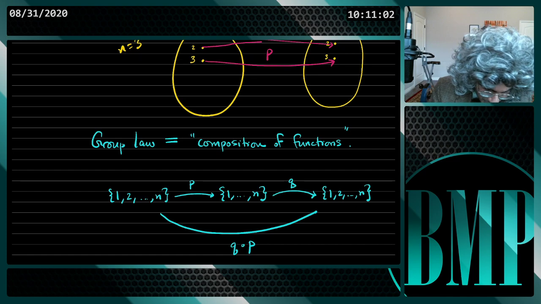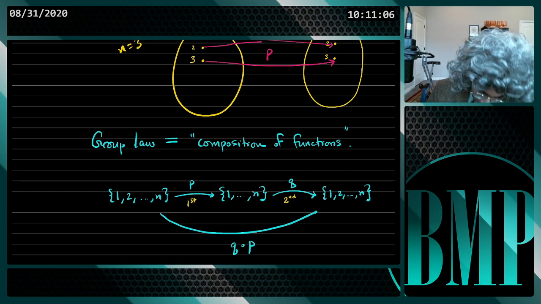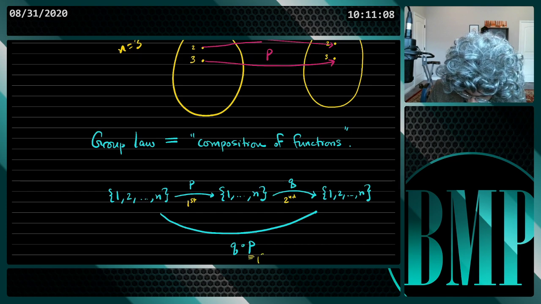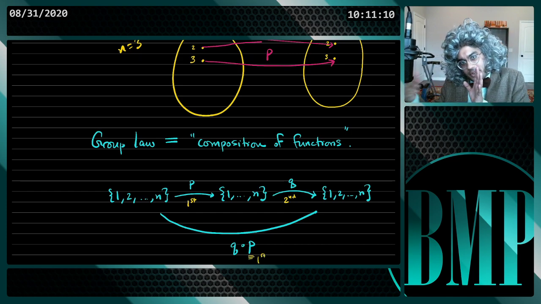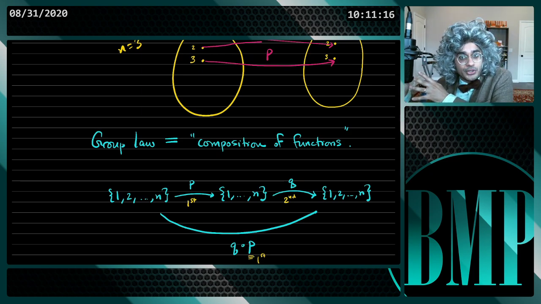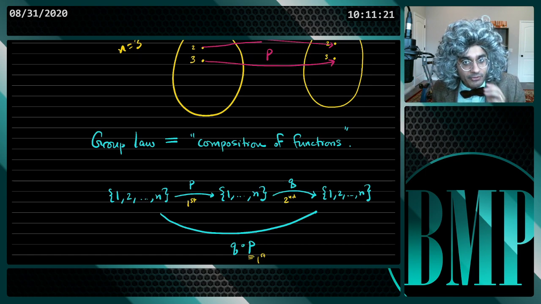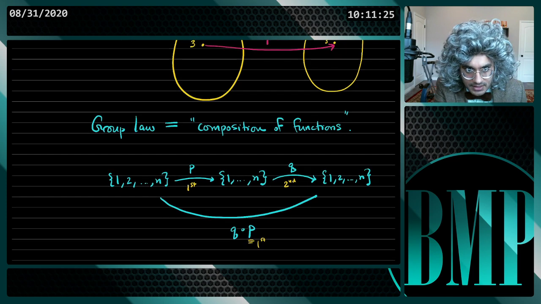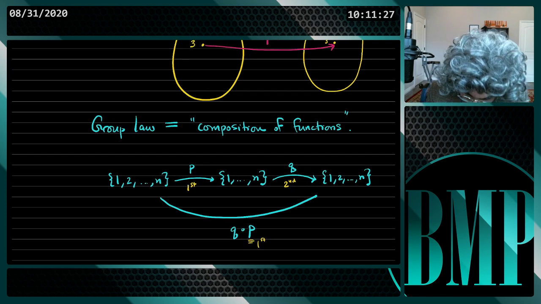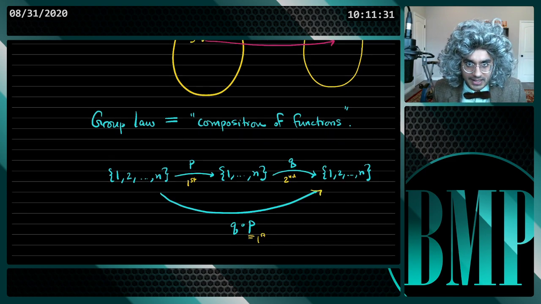You first do this, and then second you do that. So that's why you put P first. First from the right, because we put inputs of functions on the right hand side. F of x, that's what we do in the United States. We don't do x of f, which you might find in some strange corners of Europe. So this composite is P then Q, but it's written Q composed with P like that.